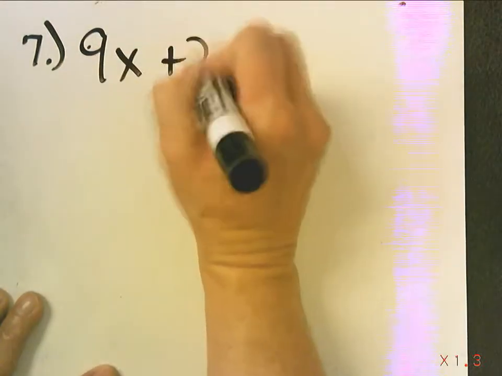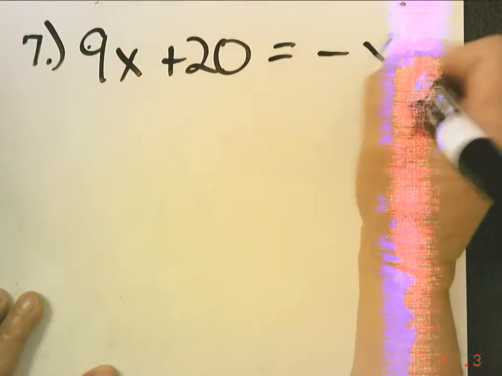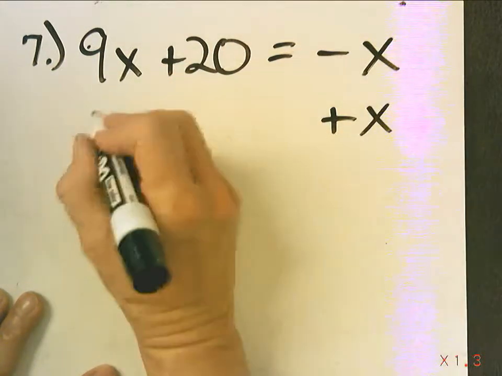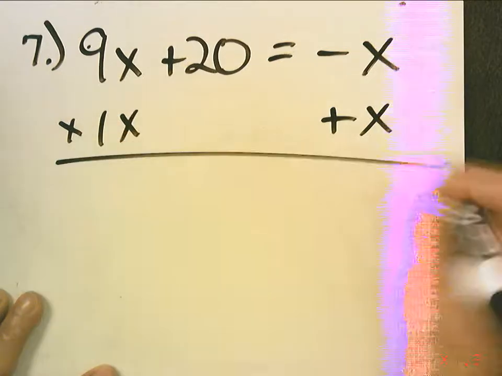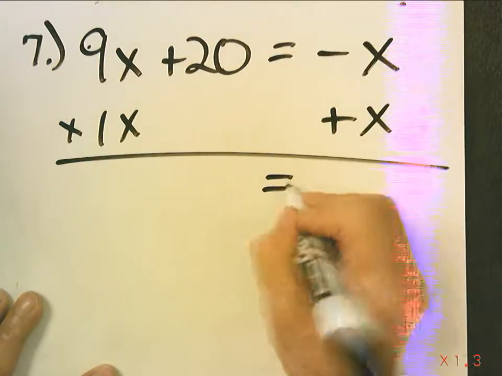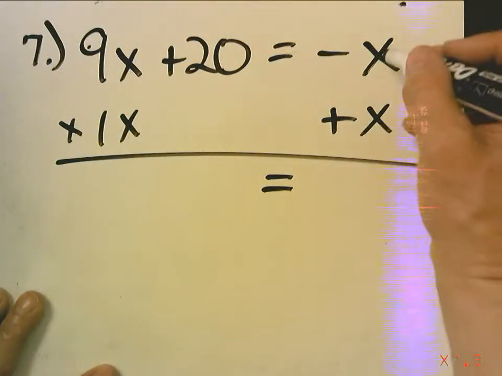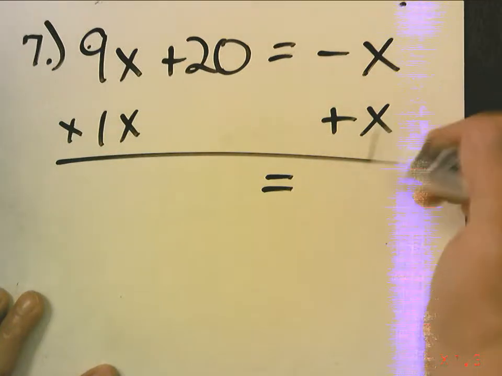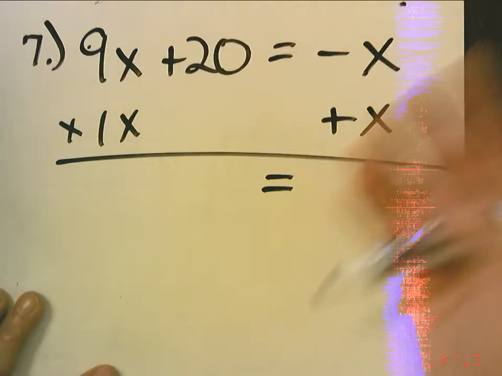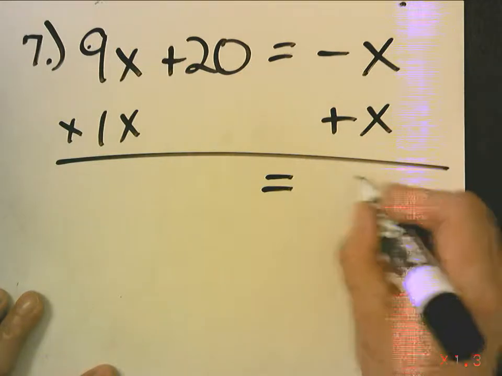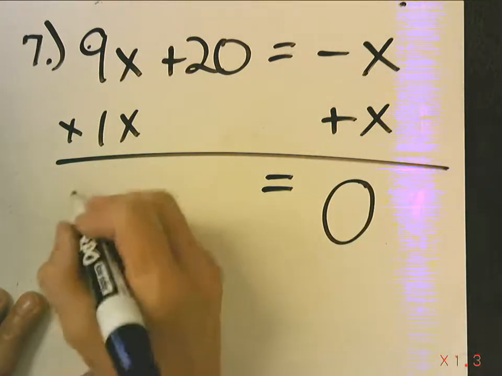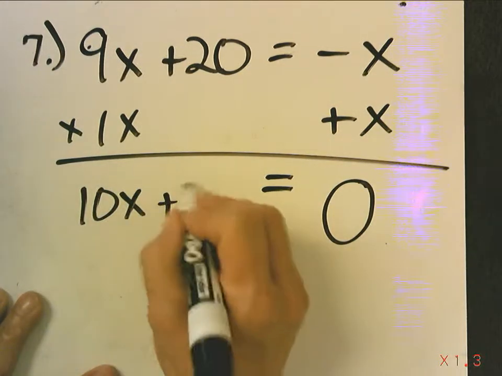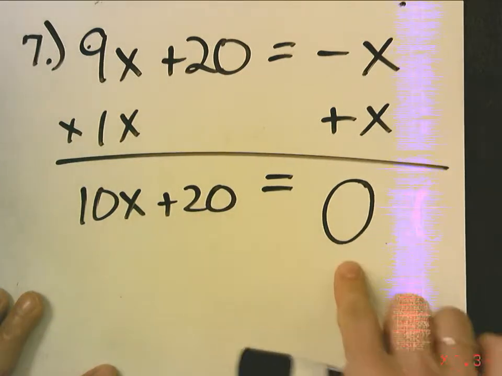Let's look at that again. 9x plus 20 equals negative x. It's fine to add x to both sides. But remember, keep your equal sign. What is negative x plus x? You're thinking it's nothing. It is nothing, but in math we have a way of showing nothing. So this becomes 10x plus 20 equals 0.